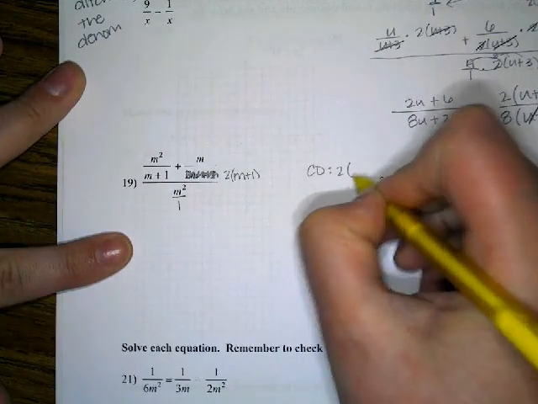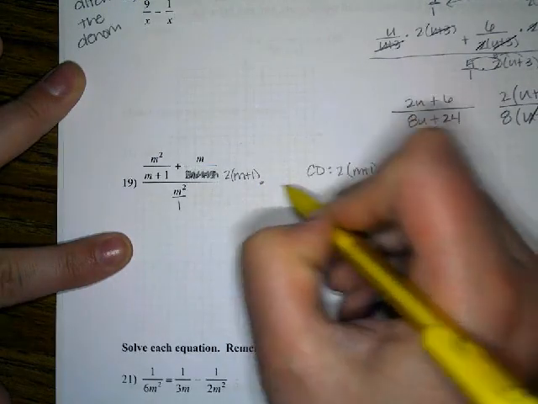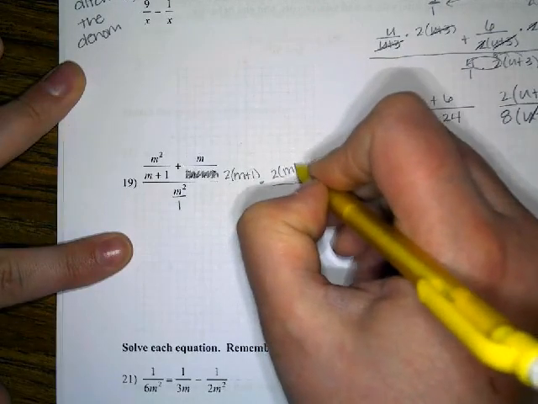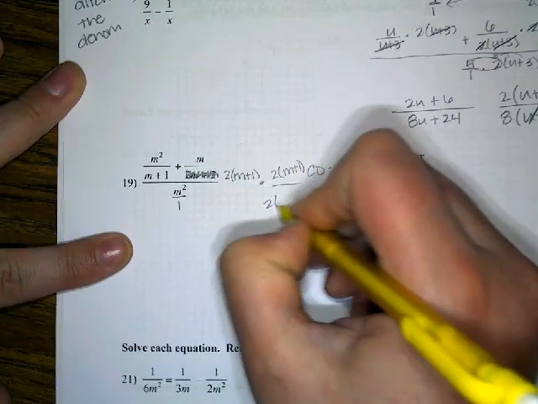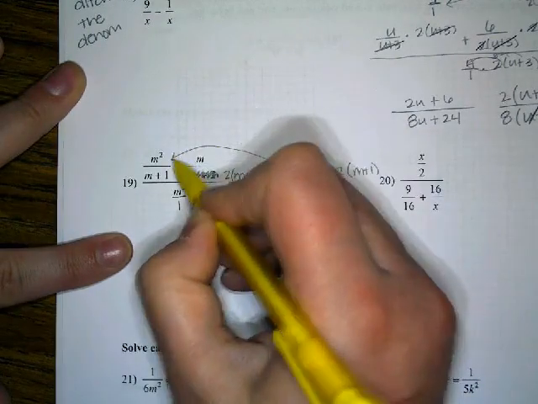So now I'm going to multiply by the common denominator on the top and the bottom. And I'm going to multiply by that for each of these terms.